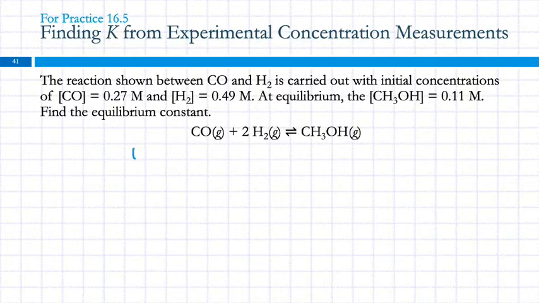So I just start with ICE. My initial concentration for CO is 0.27. For H2, 0.49. Now, it's not telling us anything about the initial concentration of CH3OH. What do we do?